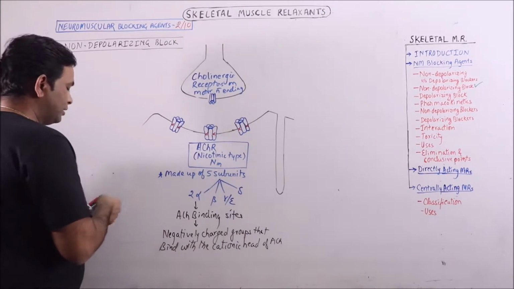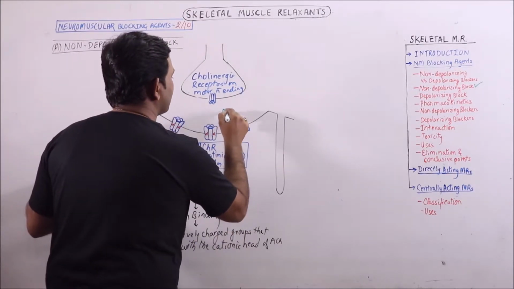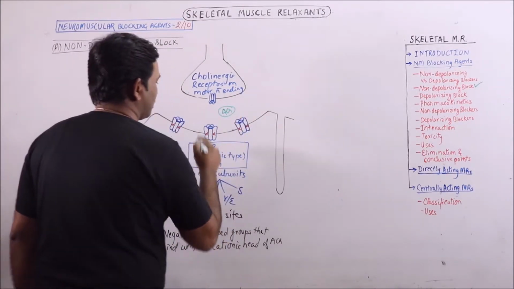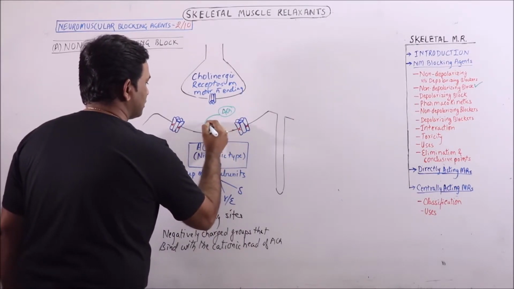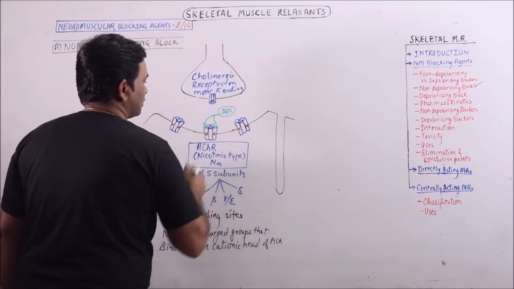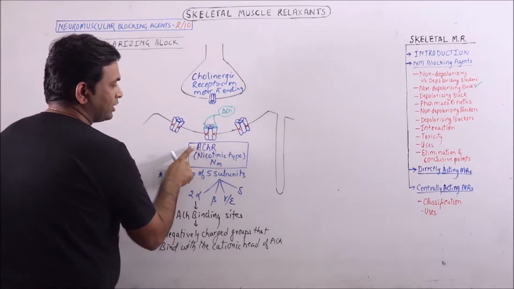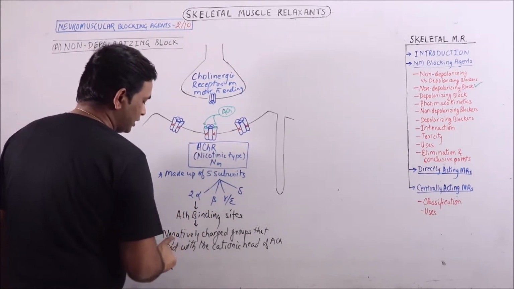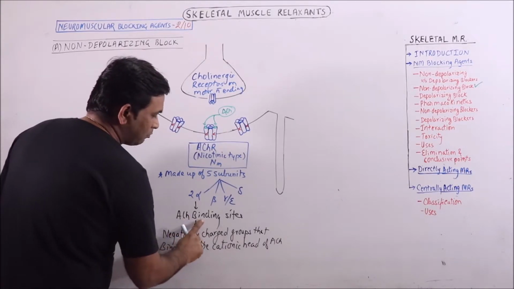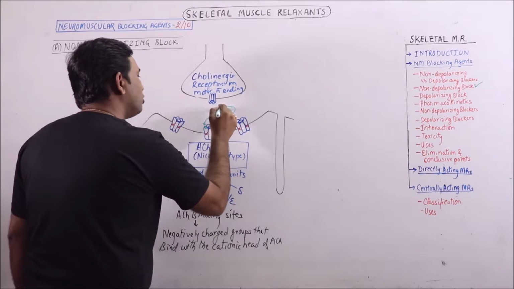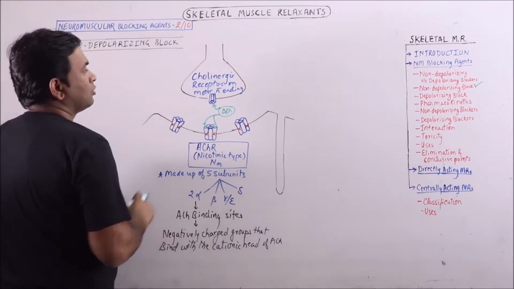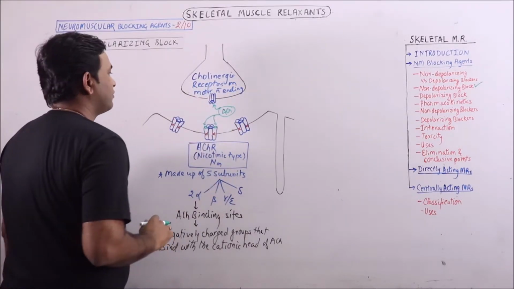So acetylcholine binds with the acetylcholine binding sites on alpha subunits, and it also binds with cholinergic receptors on motor nerve endings.